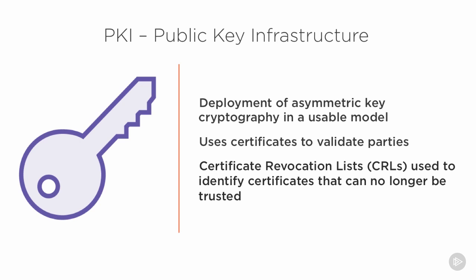If we have an employee who has left the company, and yet their certificate won't expire until the end of the year, we need to put that certificate on a certificate revocation list. That means it's been identified as a certificate that is no longer of a trusted employee.